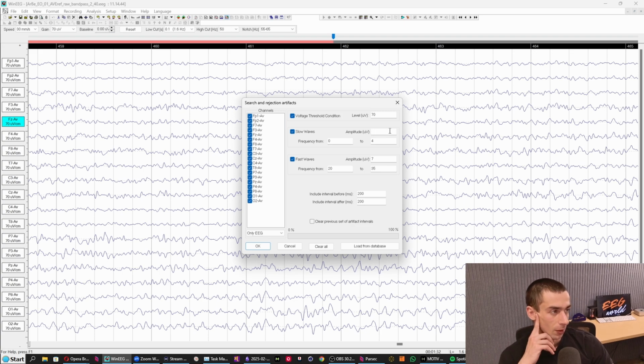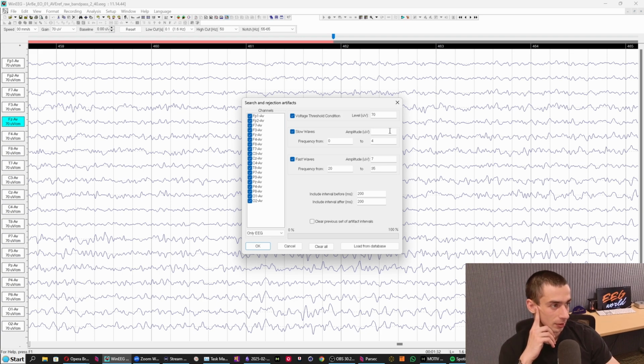And I'm forgetting what the general rules are here as far as the numbers. Usually we take the kind of scaling that we're at and set that as the voltage condition for absolute voltage. And then for slow waves, you'll do something like a fifth of that or a fourth of that. Right now, I'm going to err on the side of more conservative, of taking out less and say 20.